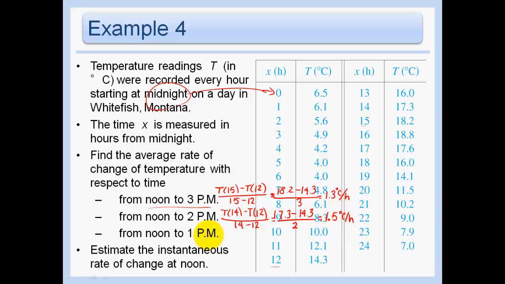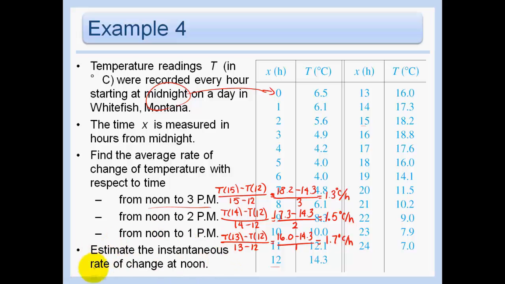And then from noon to 1 is just going to be between 12 and 13. And that's just going to be 16 all over 1. And we should get 1.7 degrees Celsius per hour. Okay, so that part wasn't too bad.